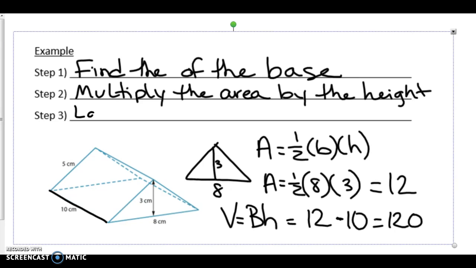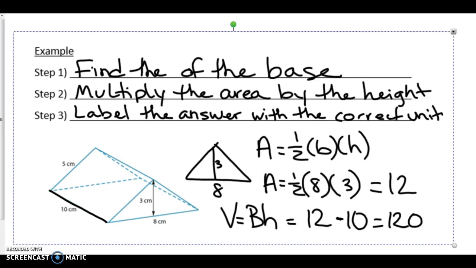Final step, label the answer with the correct units. Since we're finding volume, it's centimeters with a 3 because it's cubed. Think of all those little cubes you were using when we were building those figures. This is one of the reasons we did that activity. So you could visualize it would take 120 little cubes all around to build this triangular prism.